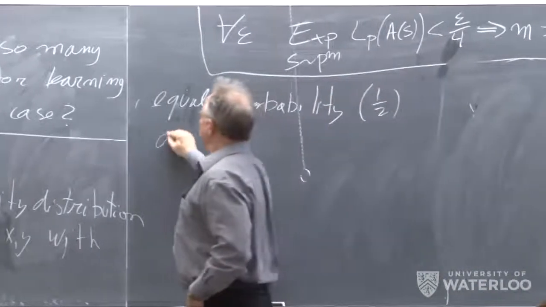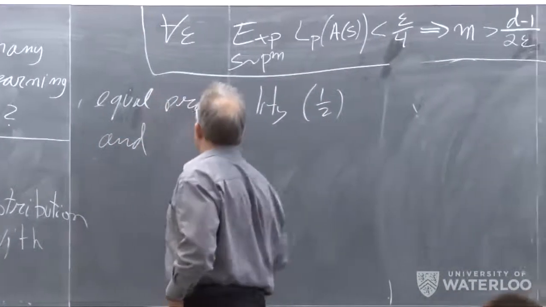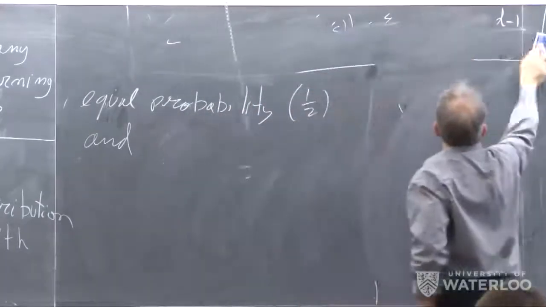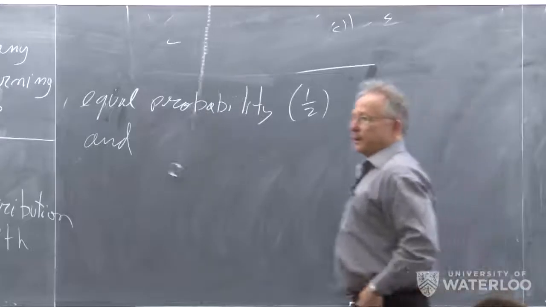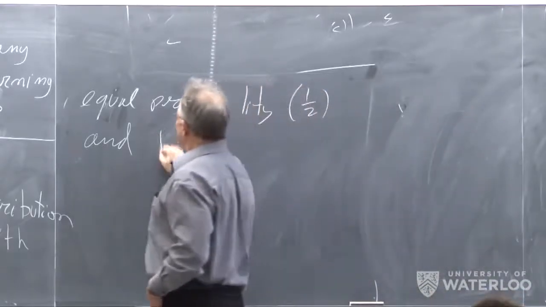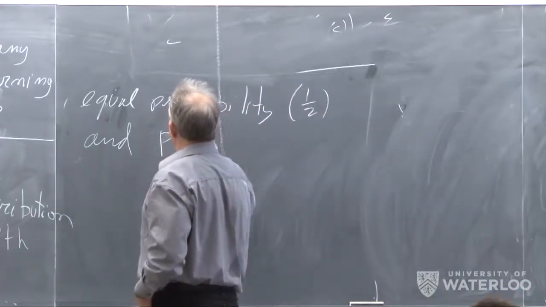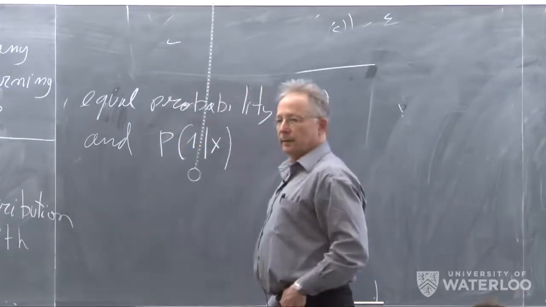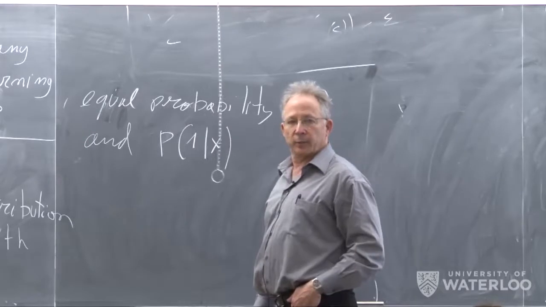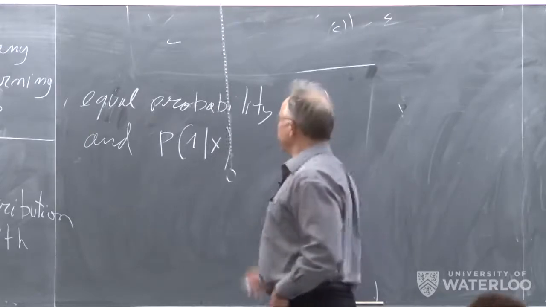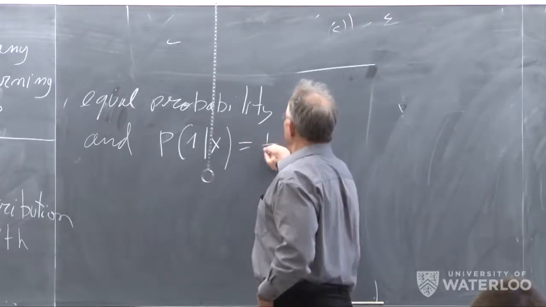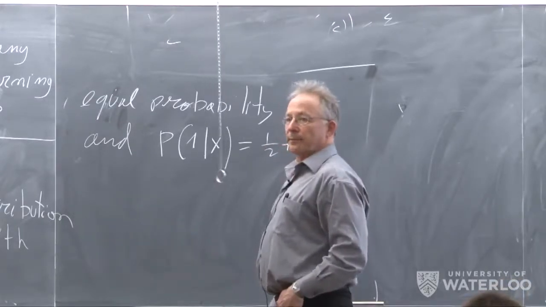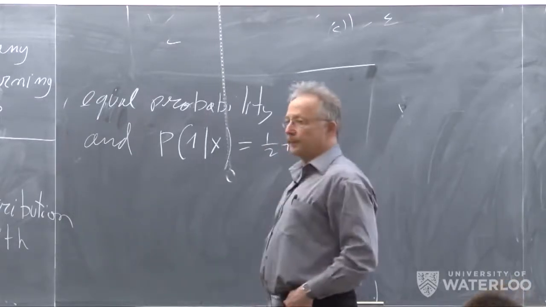And now I have to tell you how we pick the labels. So the probability of having label 1, given that I saw x, is going to be half plus some very small number.